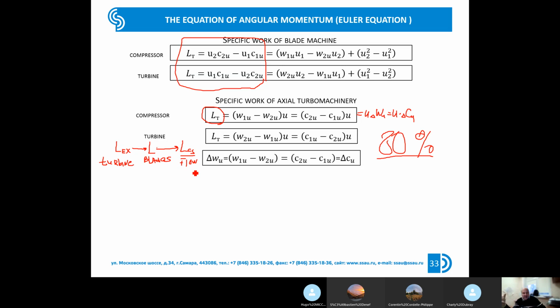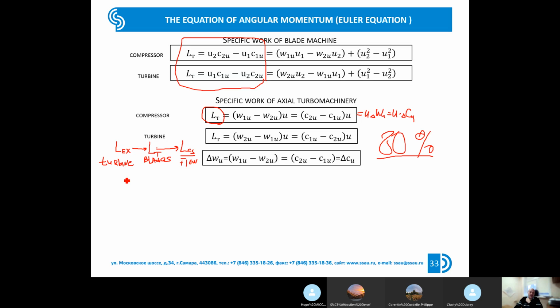And inside the flow, you spend this energy for the compression. So what does LT mean? LT is the energy which is supplied from the blades to the flow, or which the blades extract from the flow.